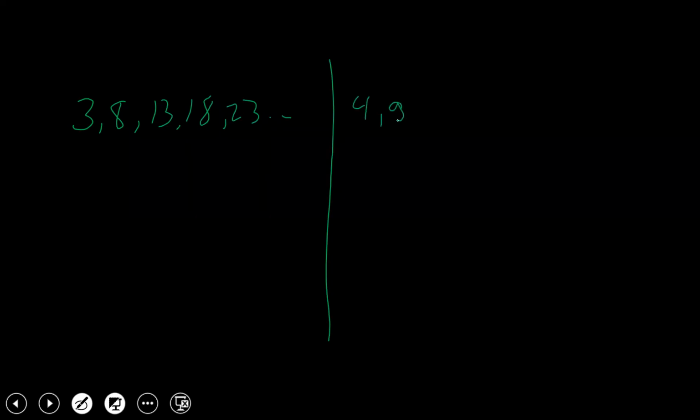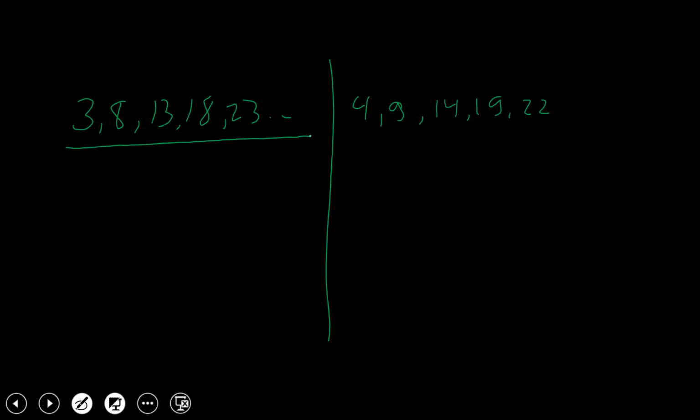Look at these two sequences: 3, 8, 13, 18, 23, etc. And another sequence: 4, 9, 14, 19, 22. Are these terms the terms of an arithmetic sequence?